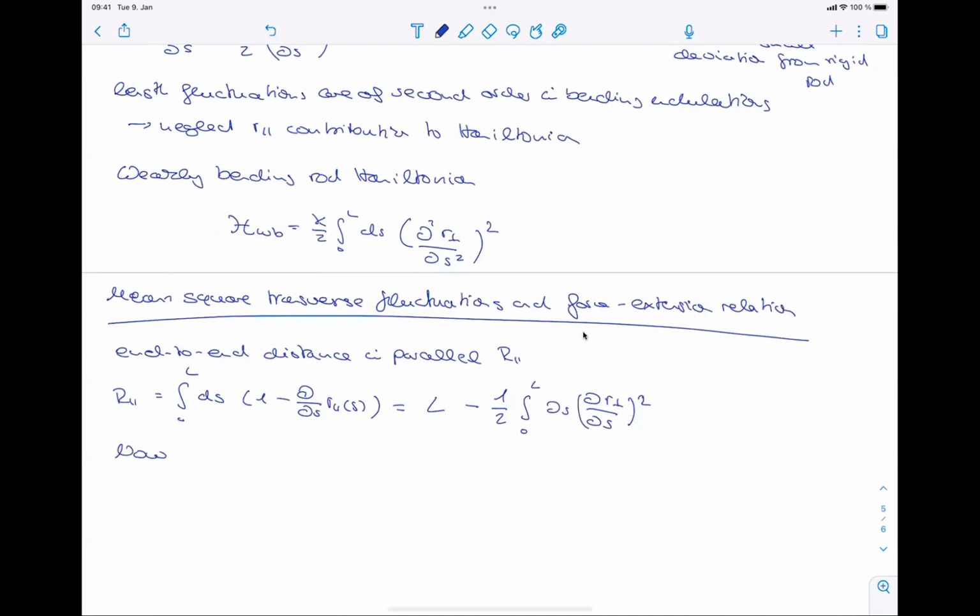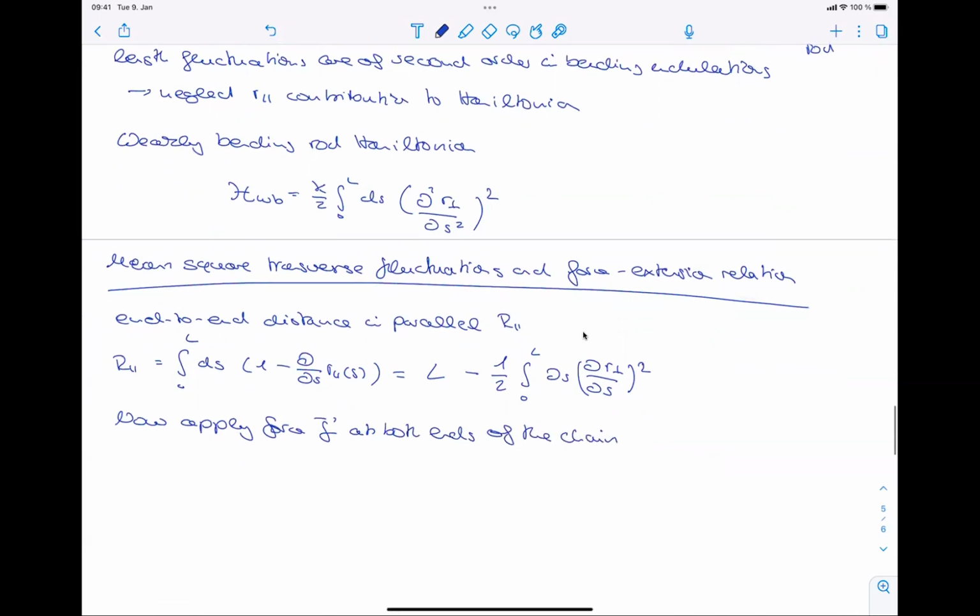Now we can apply force F at both ends of the chain. And then the weakly bending rod with force is just, again, the square undulations, and then minus F acting on the parallel direction.